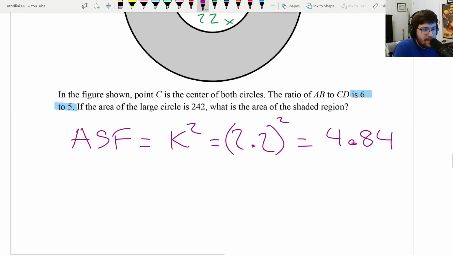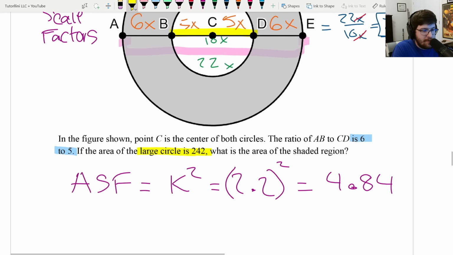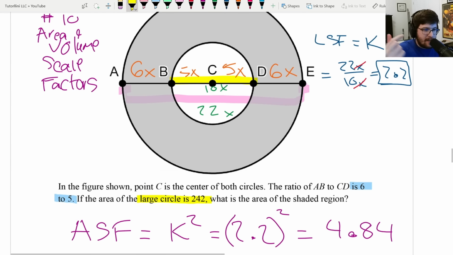So now they gave me the large area. The large circle is 242. Remember, I made the scale factor big over small. So the small one, if you multiply that area times 4.84, you would get the big one. So to go the opposite way, I'm going to divide by 4.84.